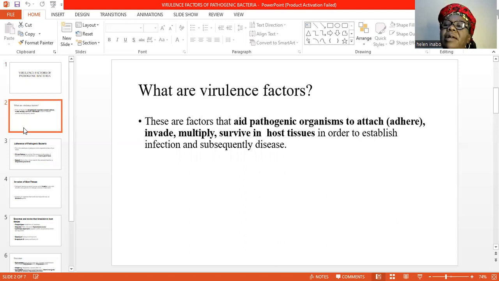Some of the structural virulence factors include capsules and membrane, that is, they are part of the morphology of the pathogenic organism. The non-structural virulence factors include enzymes and toxins.